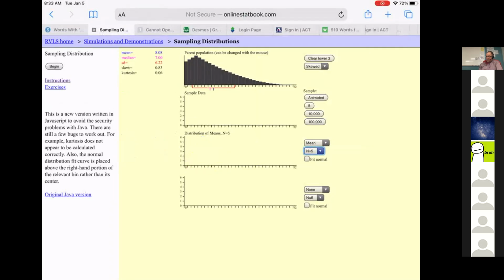So let's move that up to 5. And I'm going to drop 5 of those in there, and 5 more, and 5 more, and 5 more. And I'm just going to jump ahead and do 10. Now that actually appears to be almost normal looking. But what we could do is clear this. All right, so we're going to make this more drastically skewed to the right.